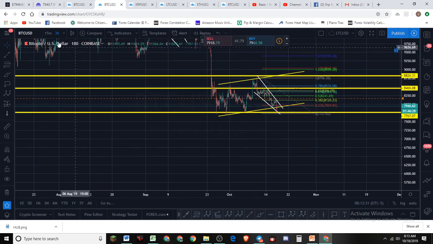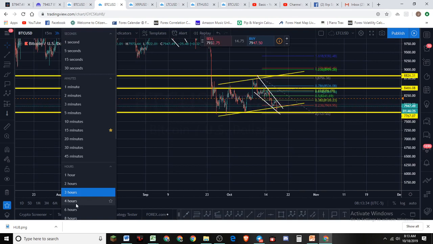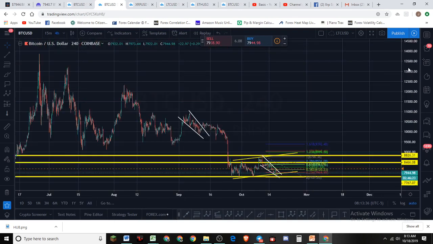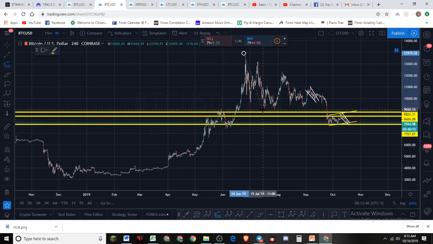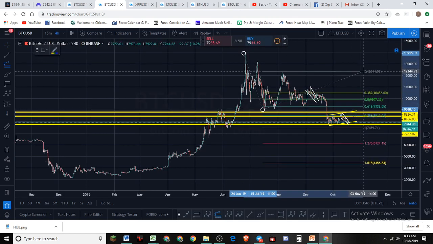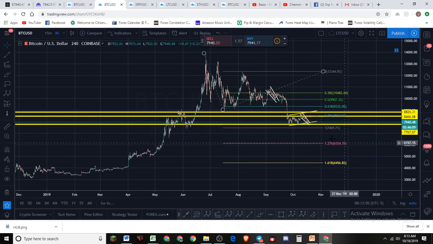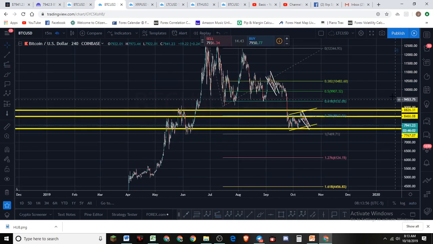Let's just take a peek at what that gives us as far as our final target here, if that gives us any inclination at all. Guys, we've got this target right down here. There's this 1276 target sitting down here at 6124.